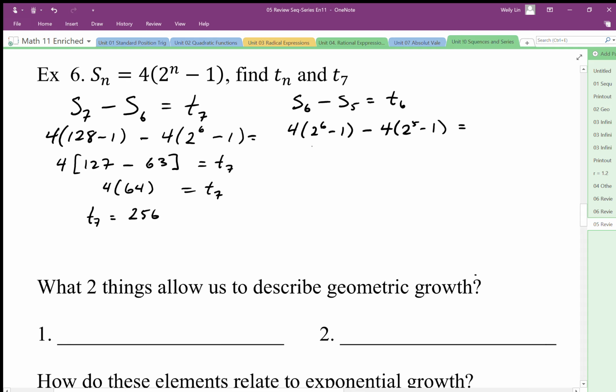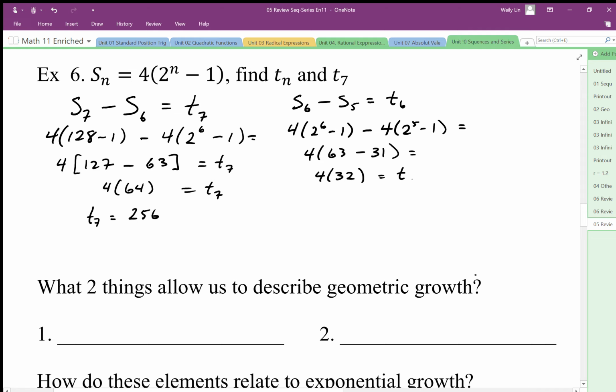So this becomes 4 times 2 to the power 6, which is 63, minus 2 to the power 5, which is 32, minus 1, so 31. Subtracting these, we get 4 times 32, which works out to be 128.